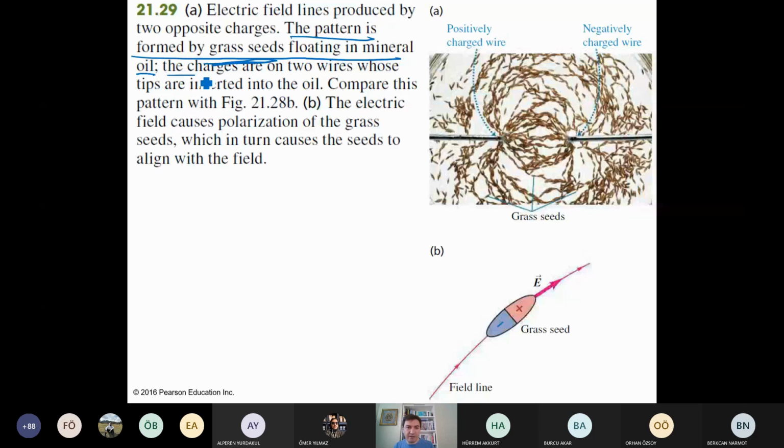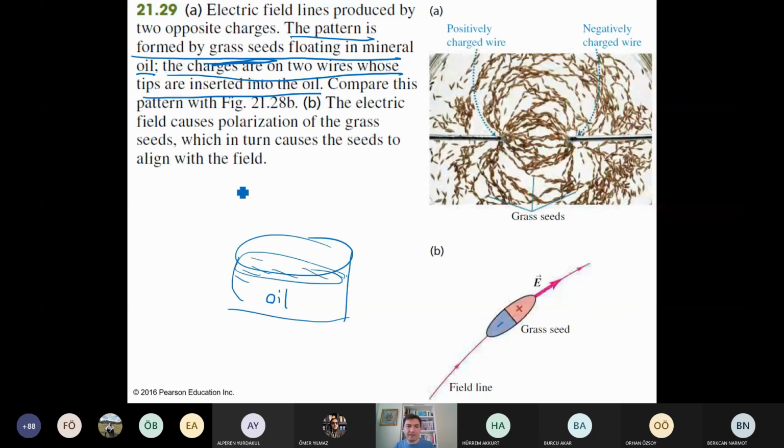Let's consider that here we have a tank. It is filled with oil, okay? And this is the surface of the oil. And you put many grass seeds. And then you put two wires into this oil.